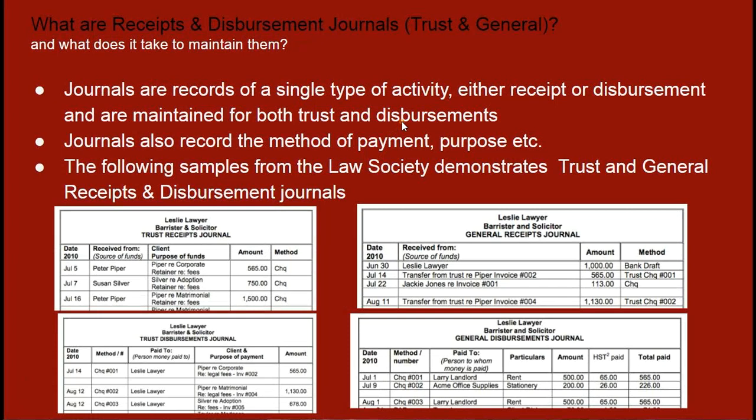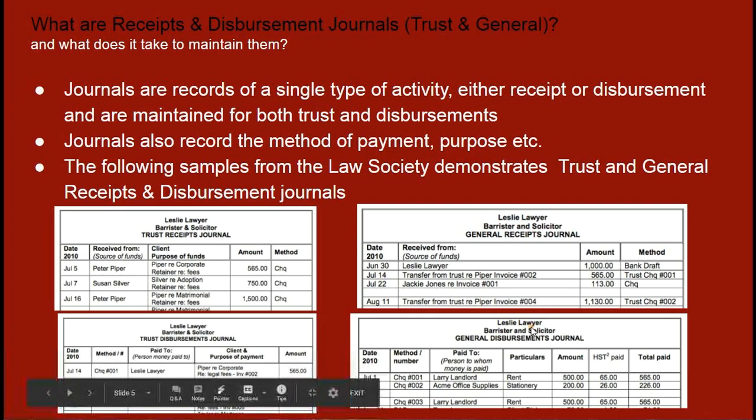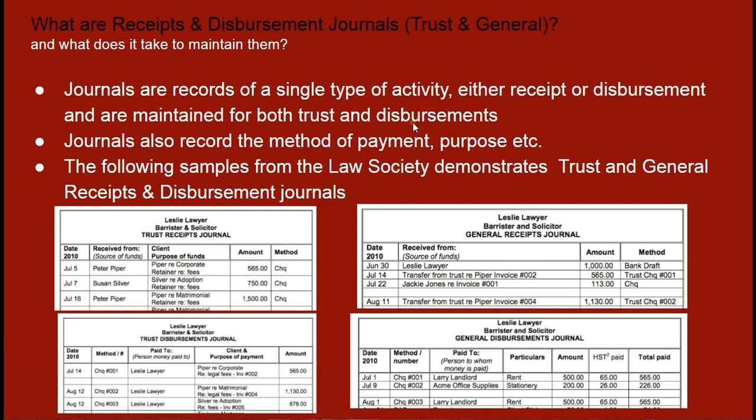Okay? So now you have two journal documents for trust, if you have a trust account, and of course, two journal documents, one for receipt, one for disbursement, for your general accounts as well. So in total, you can have as many as 4 journal documents in a specific month that you now have to generate.